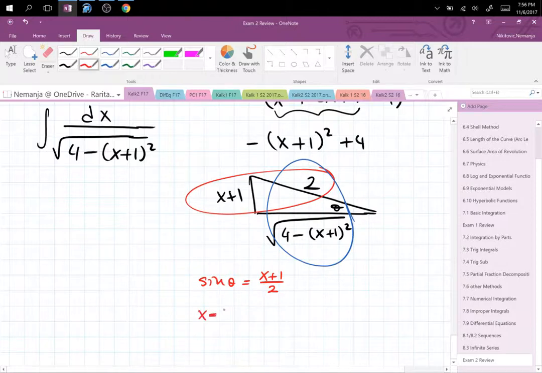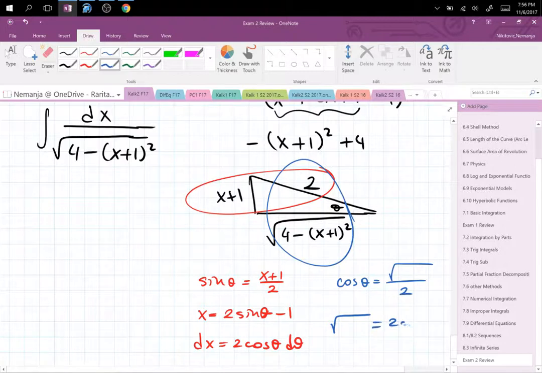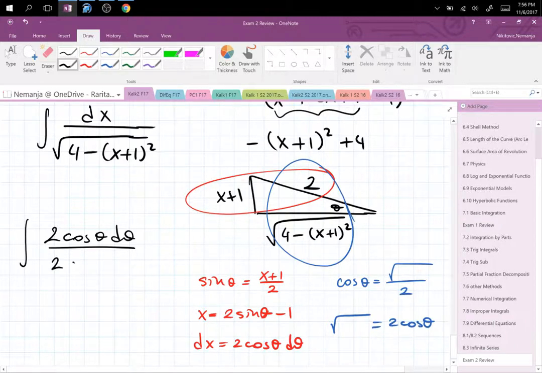So x is equal to 2 sine theta, sorry, minus 1, and dx is 2 cosine theta d theta. For the blue equation, cosine theta is the square root divided by 2, so the square root is equal to 2 cosine theta. I don't have to write it because it's the same. So now the integral of dx is 2 cosine theta d theta divided by the square root, which is just 2 cosine theta.